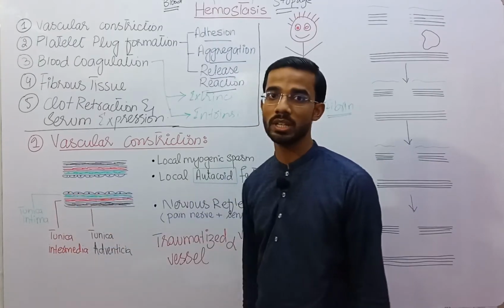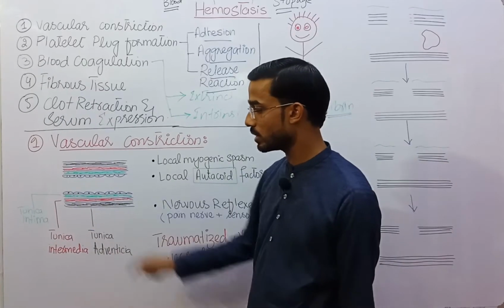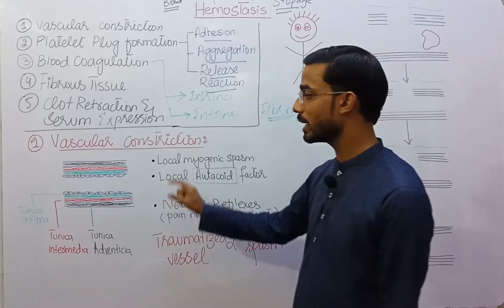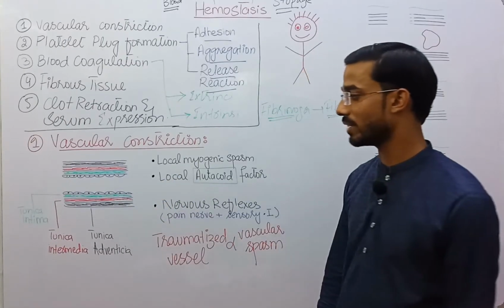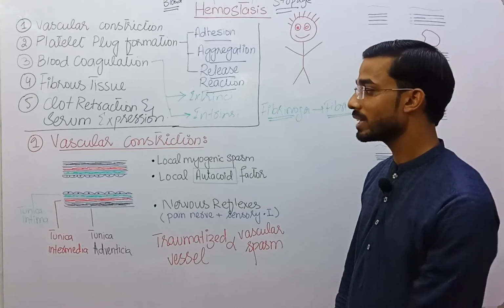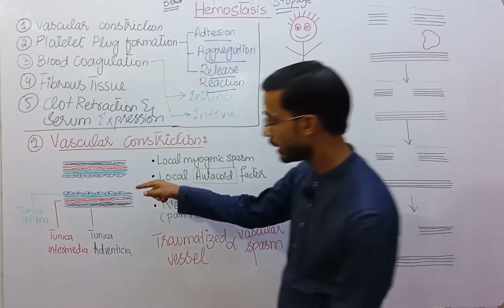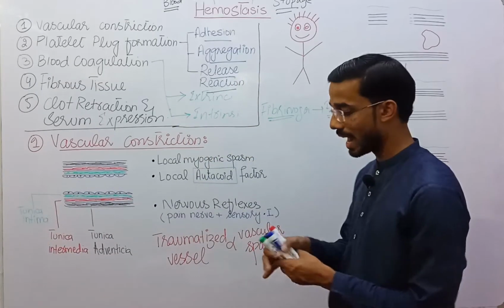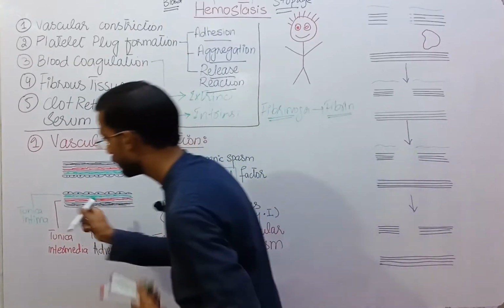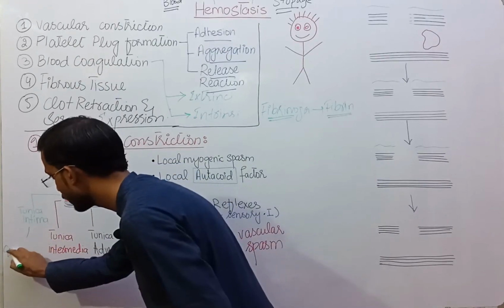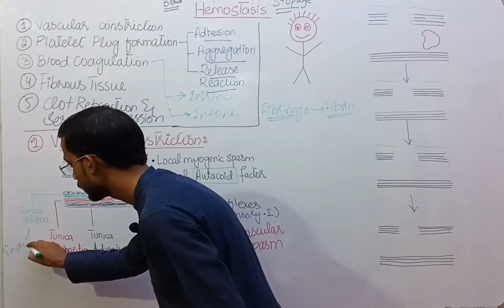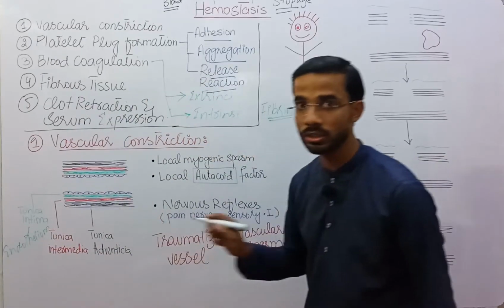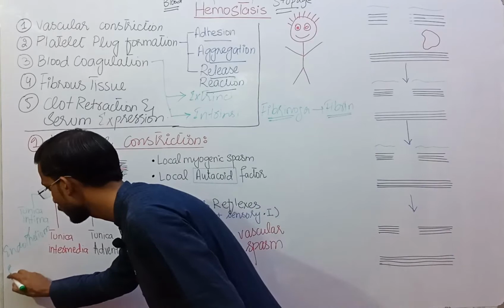First is the tunica intima, second is the tunica media, and the third, outermost layer of the blood vessel is the tunica adventitia. From inside there is the endothelium layer, and next to the endothelium is the subendothelium.